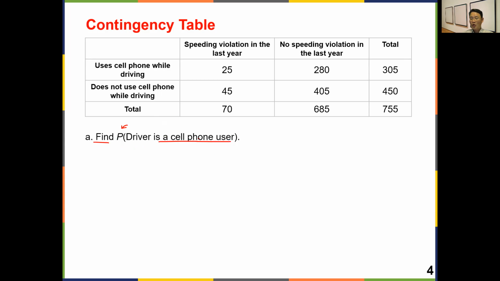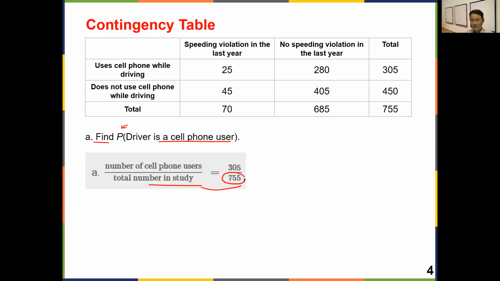So altogether, how many participated? 755. Out of 755, how many of them used cell phone while they're driving? Right here, 305. So total number of study participants, 755.